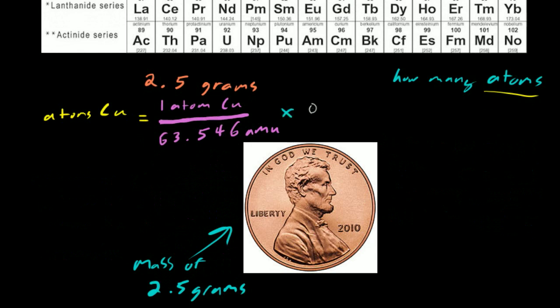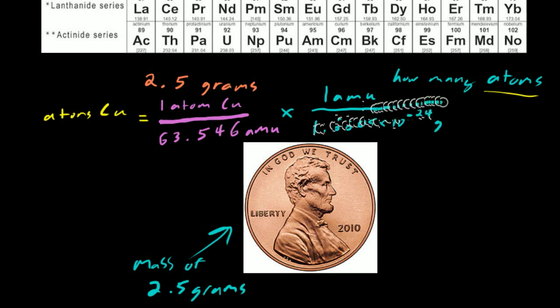So we have to be able to convert atomic mass units to grams. So we can say that every one atomic mass unit, and we've set this up so that our units will cancel, is going to be equal to 1.6605 times 10 to the minus 24 grams.